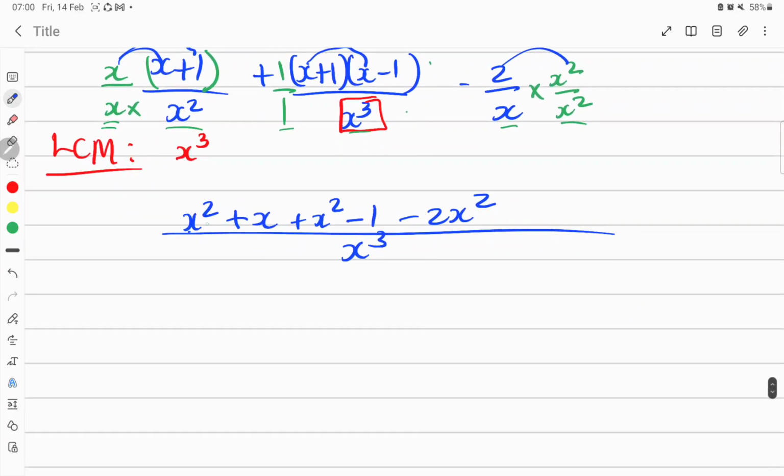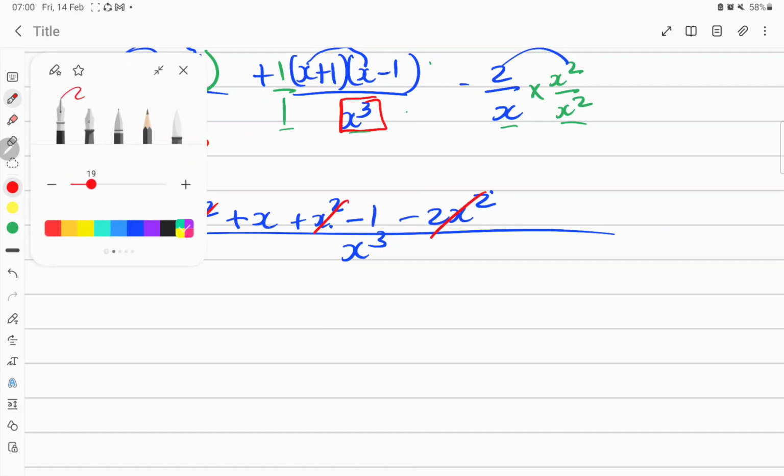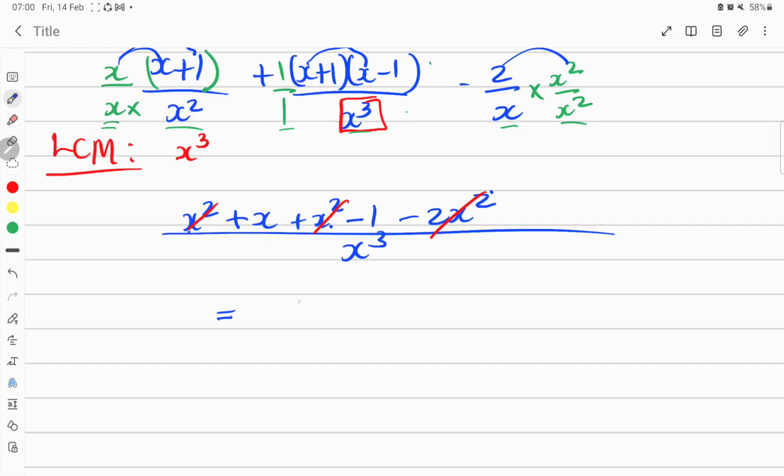Then the like terms, x squared plus x squared is 2x squared minus 2x squared. They cancel. So it's like x minus 1 over x cubed. Hope it makes sense.